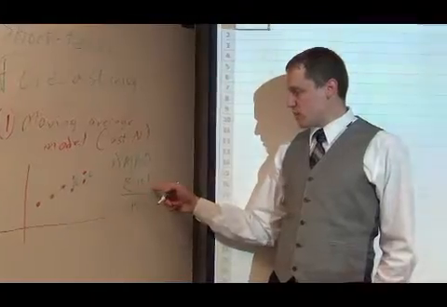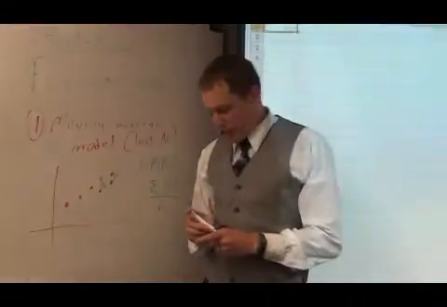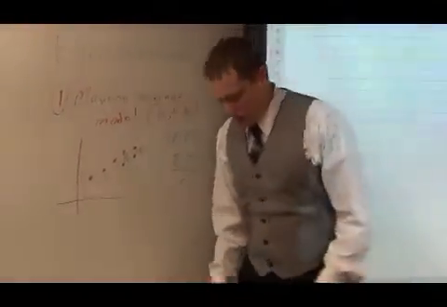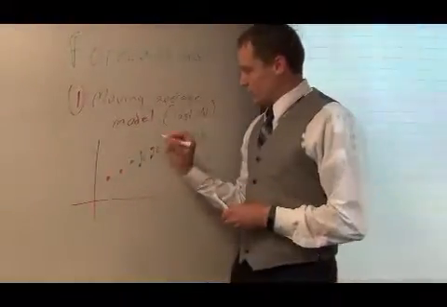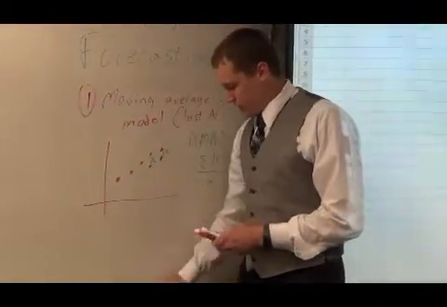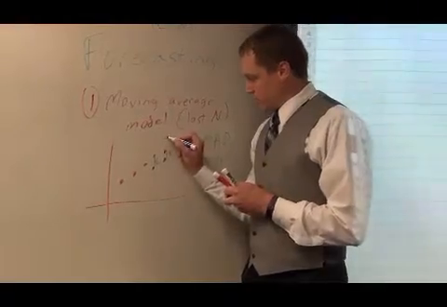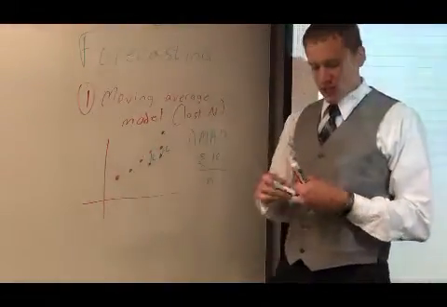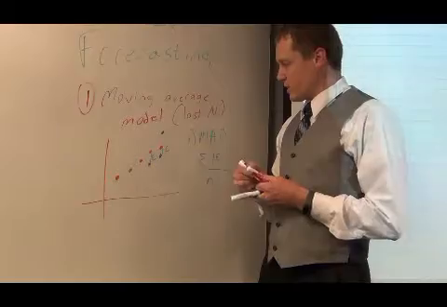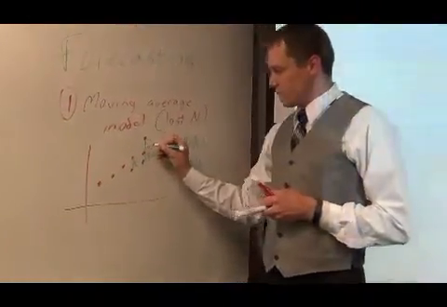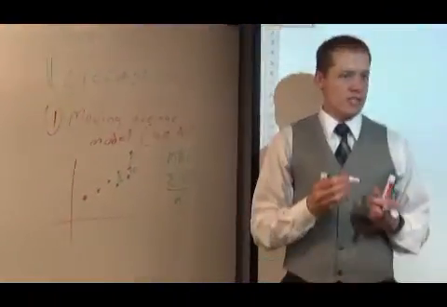Now, the reason why we do absolute value is because we may, for one reason or another, predict a value too high, in which case, if we took the error, the difference between those, it might be negative as opposed to positive.